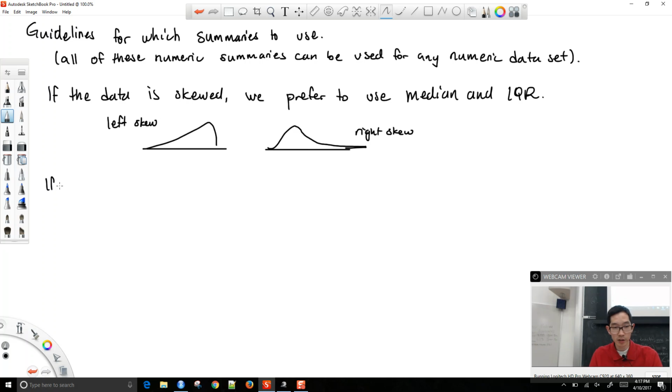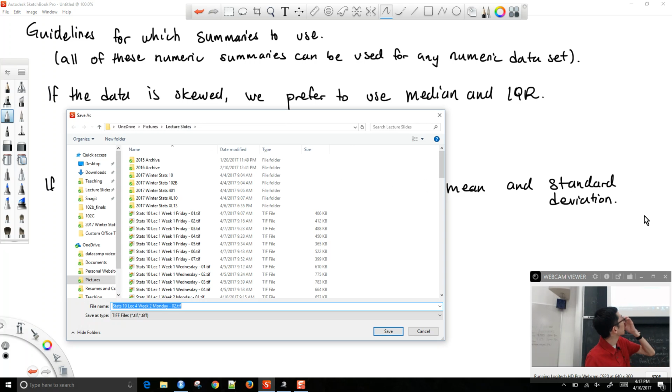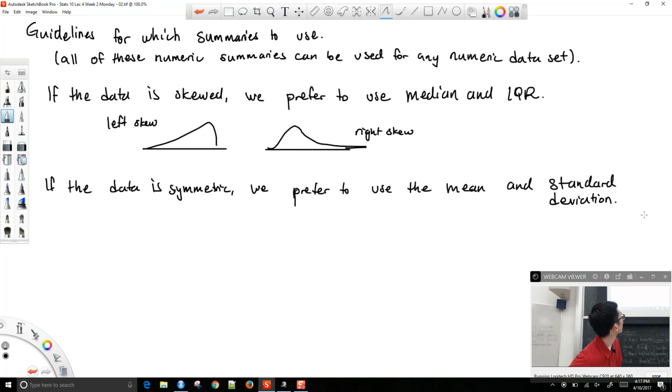Okay, and if the data is symmetric, again, these are the guidelines, we may prefer to use the mean and standard deviation. I'll write it out. Okay, and again, symmetric being something that looks like this.